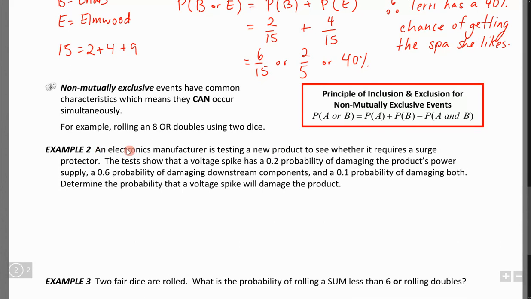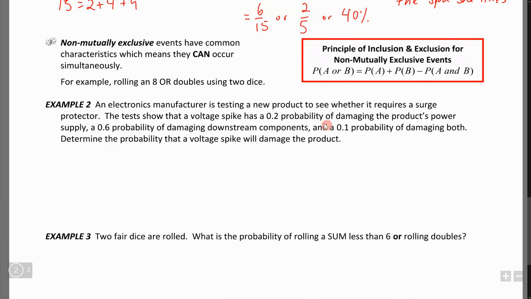An electronics manufacturer is testing a new product to see whether it requires a surge protector. The tests show that the voltage spike has a 20% or 0.2 probability of damaging the product's power supply, a 60% or 0.6 probability of damaging the downstream components, and a 0.1 probability of damaging both.